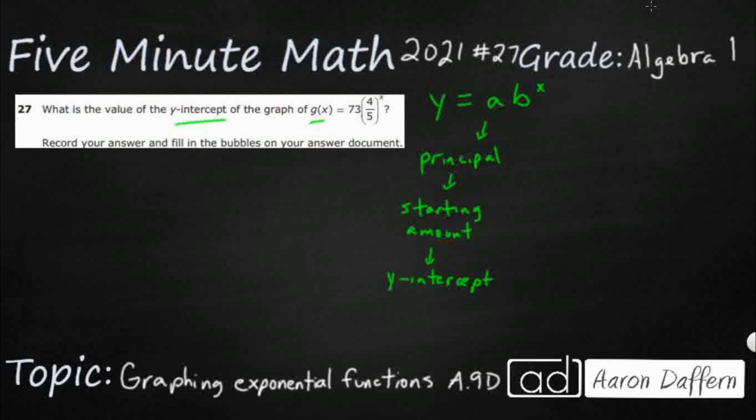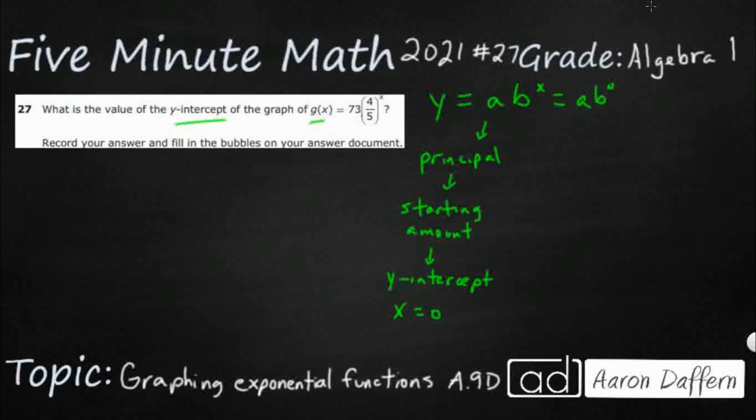Now we know that a is the y-intercept because the y-intercept of any graph is where that particular function crosses the y-axis when x equals 0. Now let's think about what happens when x equals 0 in this standard form. So y is going to equal a times b, and let me substitute 0 in for x.